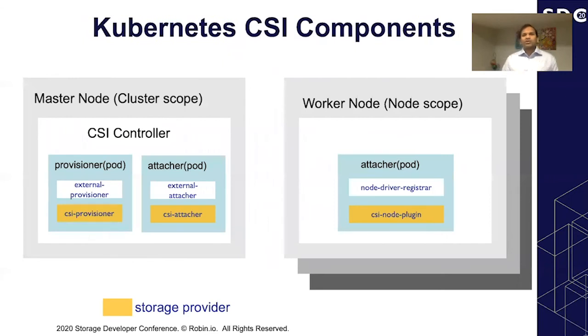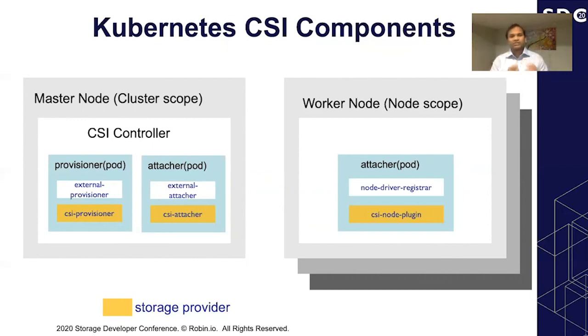So let's see the components. The CSI is implemented using 3 components. The first component is the provisioner. All the requests for volumes are routed to this provisioner, and it is one per Kubernetes cluster. There is one active provisioner, and it looks at the requirements of the volume request and appropriately allocates storage, which means the storage can be on any of hundreds of nodes in the same cluster.